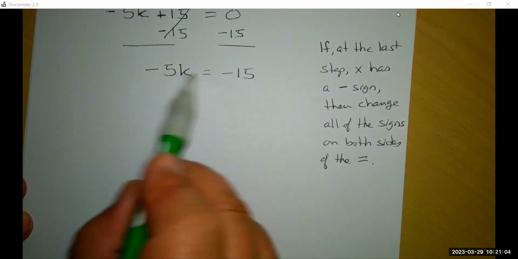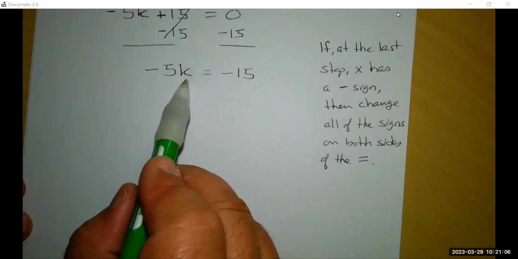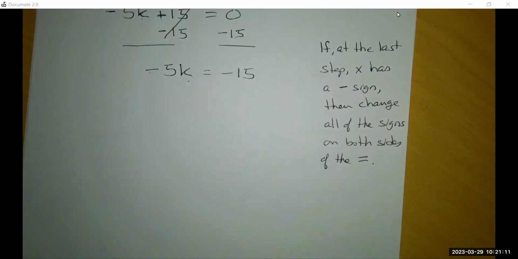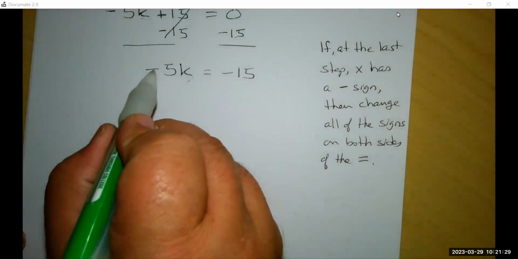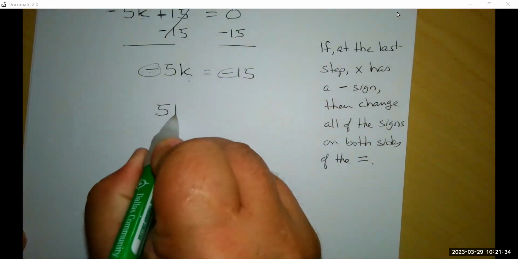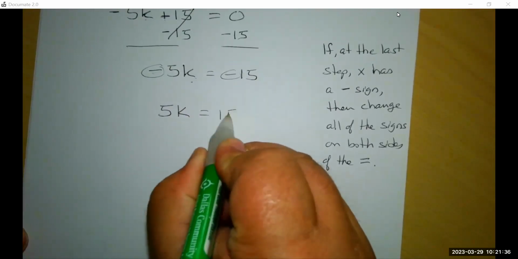Notice there's no more plus or minus on the left-hand side where the variable is. There's a negative though. Treat the signs and the numbers separately. I know most of y'all say, let's divide by negative 5. Yes, you can do that, but the most common mistakes occur when you deal with too many negative signs. So here, to save you the chance of making a mistake, let's just change the signs. Let's change that to positive, change that to positive. So we have 5K equals 15.